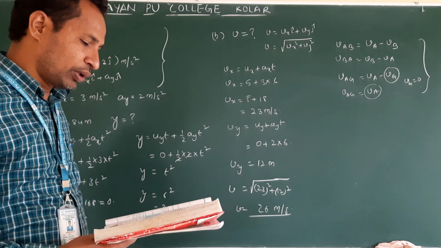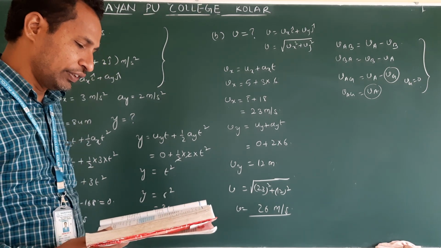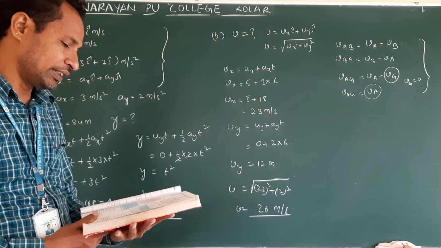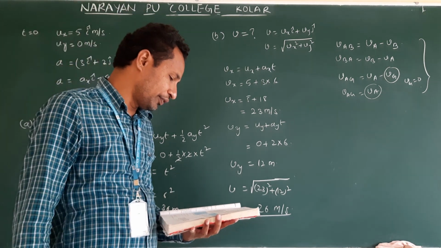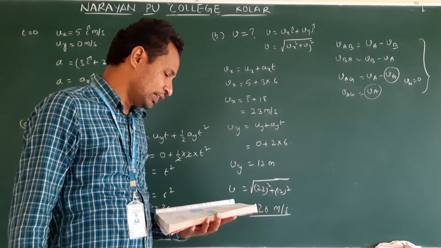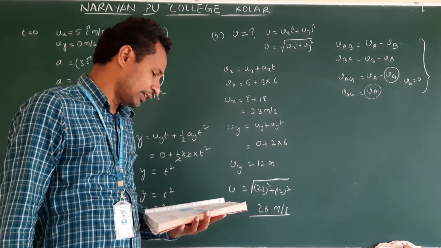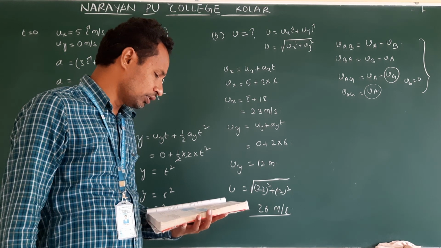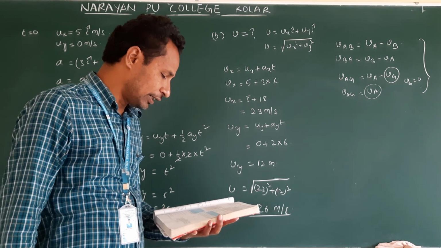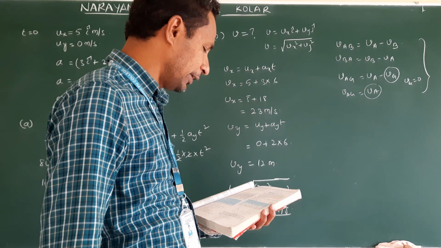One example problem. Rain is falling vertically with a speed of 35 meters per second. A woman rides a bicycle with a speed of 12 meters per second in the east to west direction. What is the direction in which she should hold her umbrella to avoid getting wet? Clear?